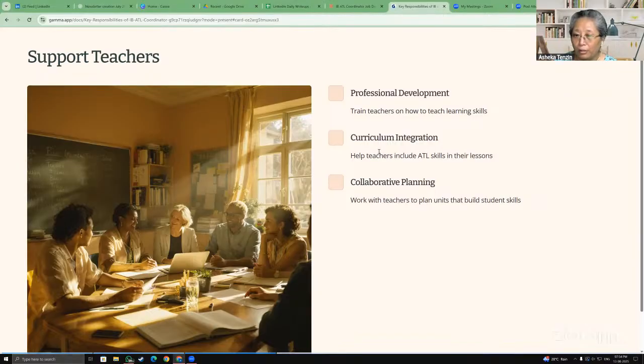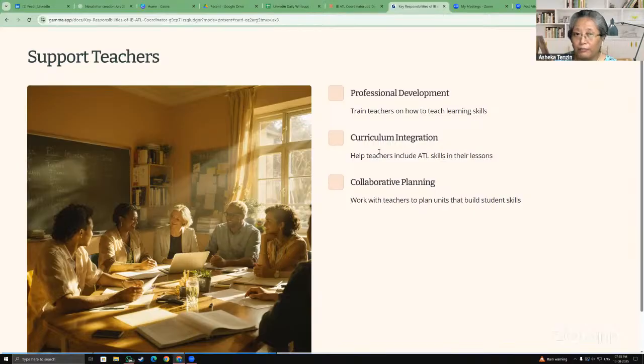Also, you need to help your teachers to include the ATL skills in their lessons. So how they can integrate the development of ATL skills in their lessons, you will help them. Okay. So curriculum integration is another thing, how you can support teachers.